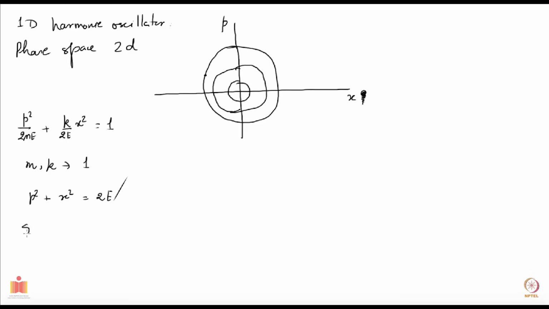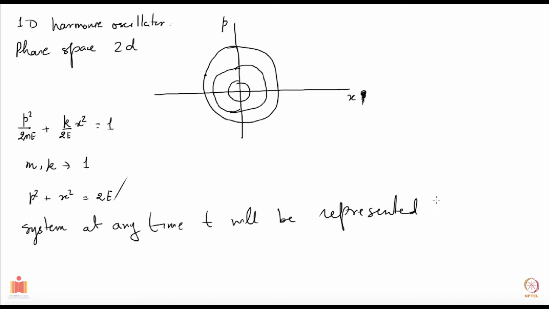So the system at any time t will be represented by a point in the phase space. Right, that's clear.